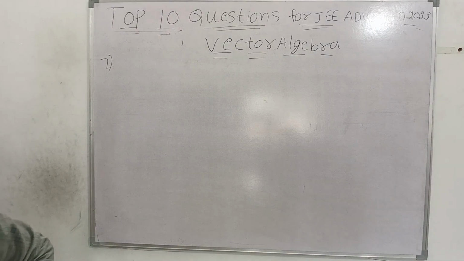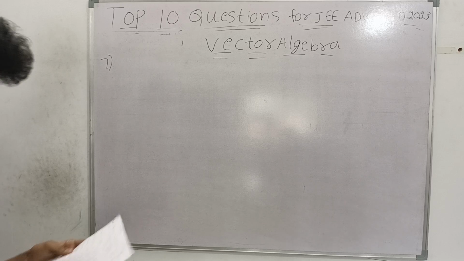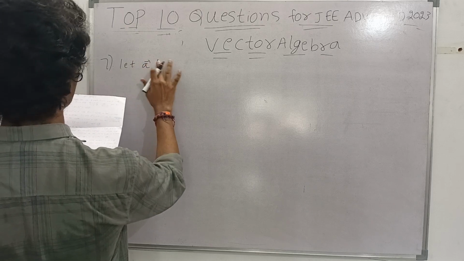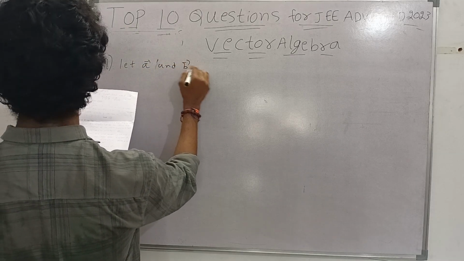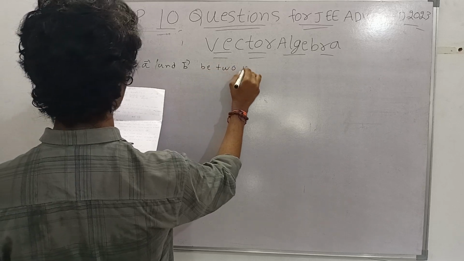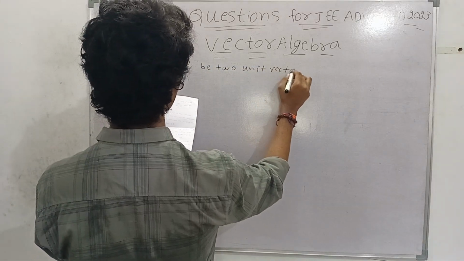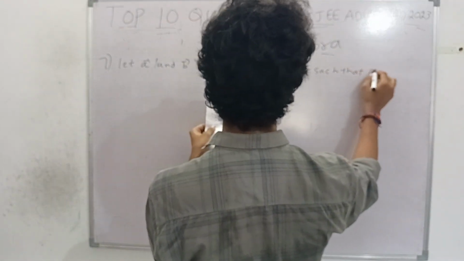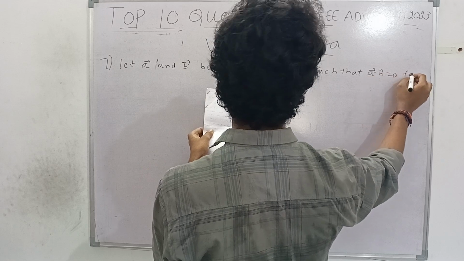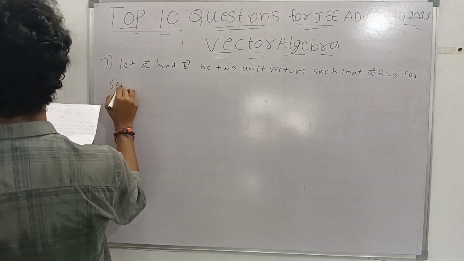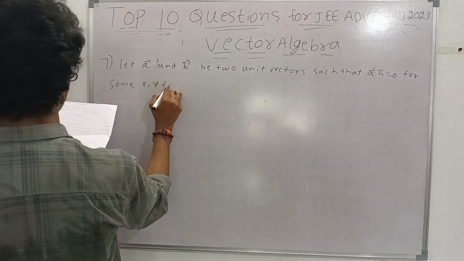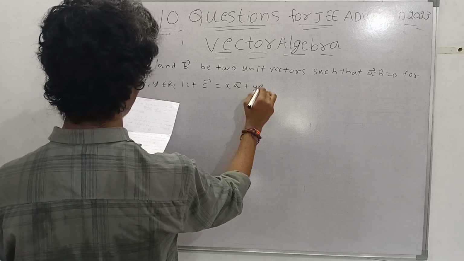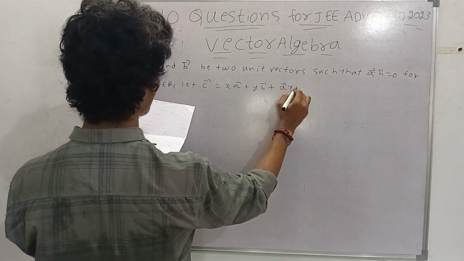Seventh question. Let A vector and B vector be two unit vectors such that, let C vector equal to x A vector plus y B vector plus A vector cross B vector.